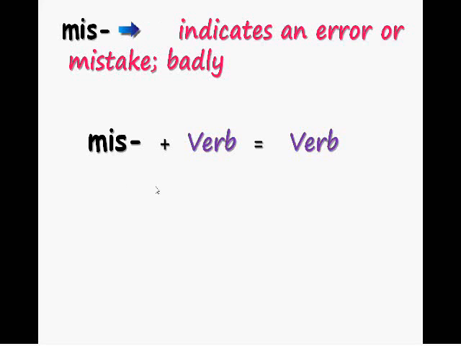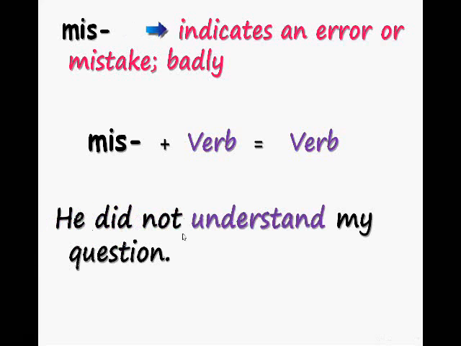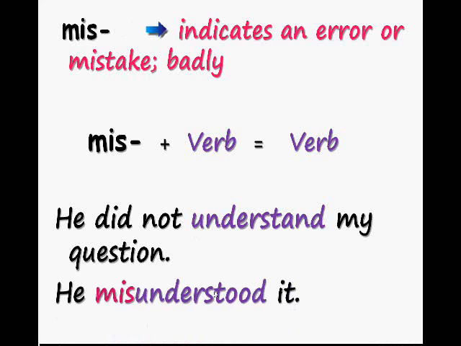But again, it's the same as the verb, like, he did not understand my question, okay? So he did not understand it, okay? And then if I rewrite this sentence in another way, I'm going to say he misunderstood it. Okay? So if I just add mis here, it means that he understood it in a wrong way.